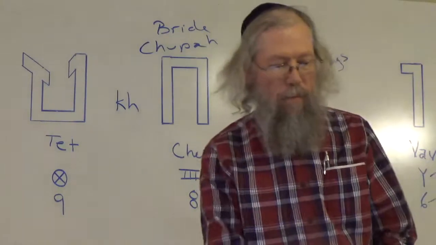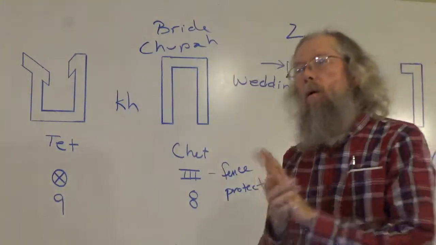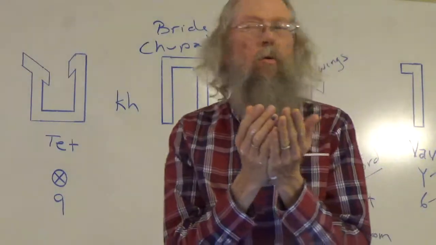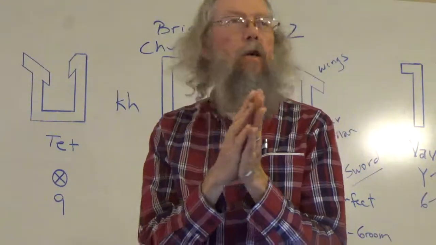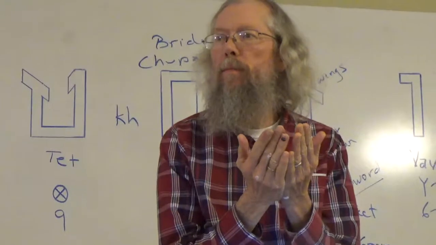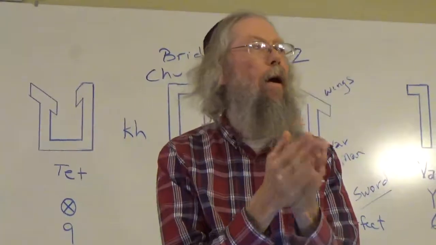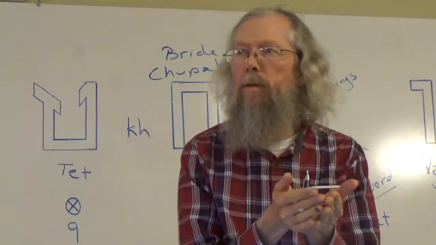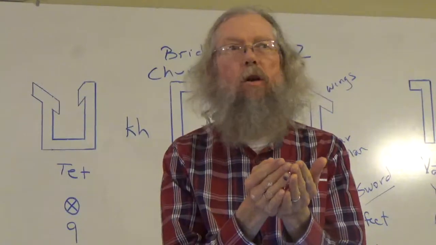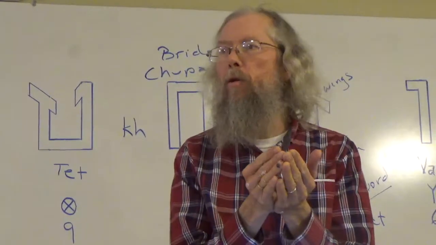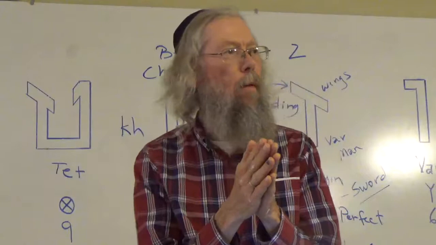So, one of the things that we told you was to be aware of the direction of openings. Because the direction of openings is speaking to us. It's signifying something.